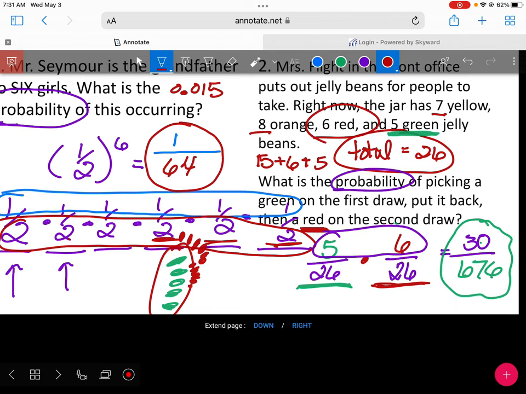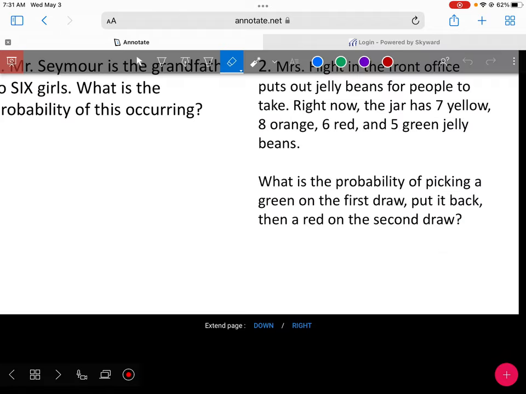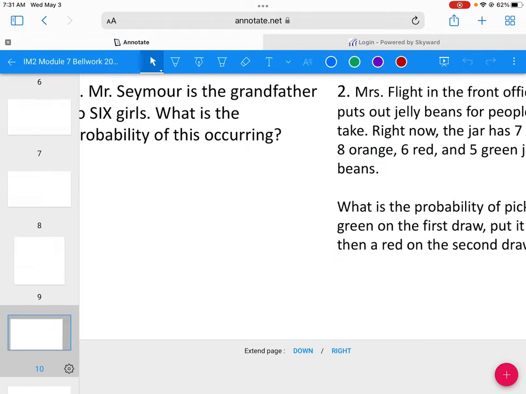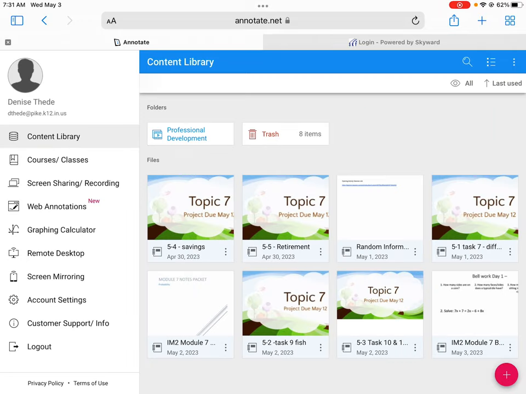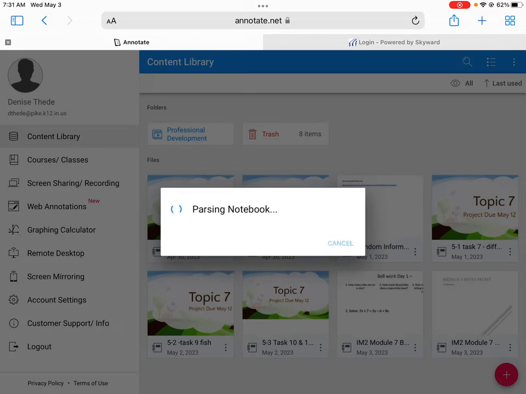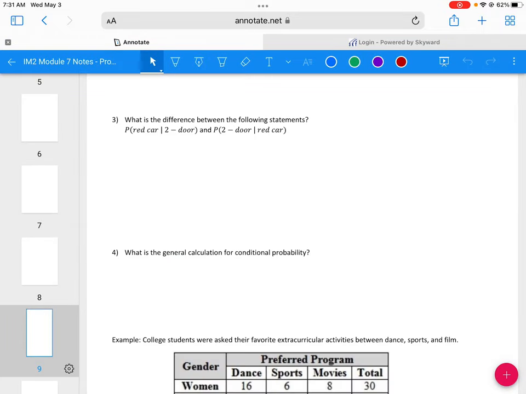Okay, let's go now to our notes. And let's go, I believe we are on page 18. What did we talk about yesterday? Does anybody remember? Anyone remember it all?